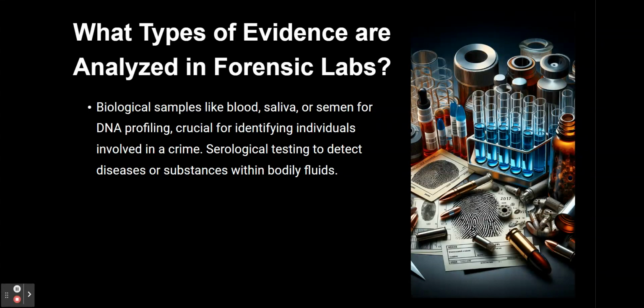Biological samples. This would be things like blood, saliva, or semen for DNA profiling. And those are all important for identifying individuals that are involved in a crime. And serological testing can detect diseases or substances that are within body fluids.